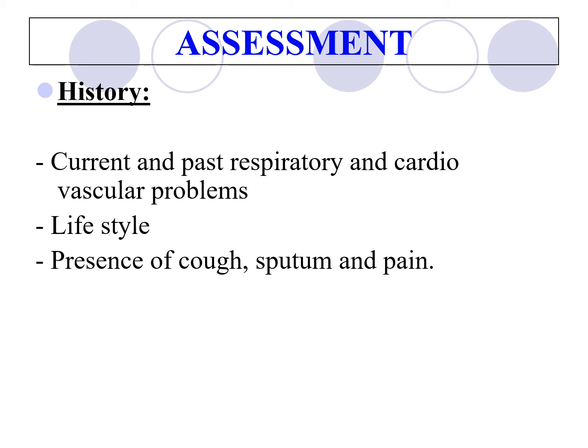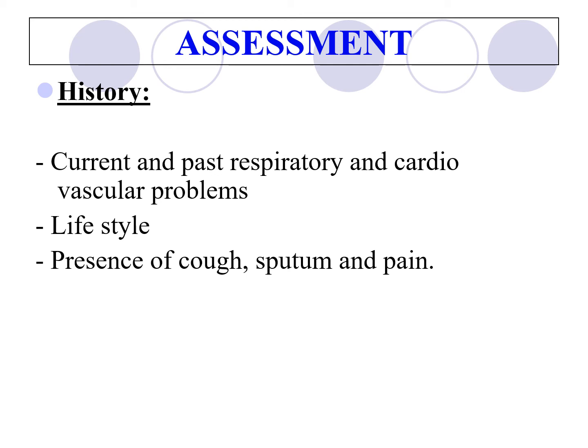For the pain, when pain is there, we have to know the type of pain and the location of pain. Where is it, in which side of the body, is it all over the chest? When he feels the pain, is it during inspiration or expiration, or is it continuous?